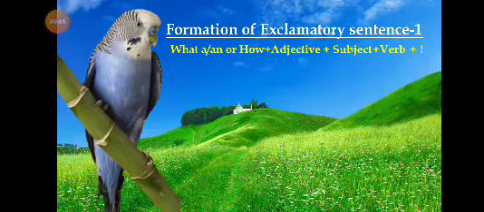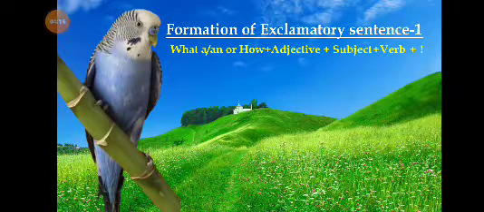When the assertive sentence is with a or an, then the formation of this sentence will be with what for making it an exclamatory sentence. And if we don't see any article a or an, then we will form it with how.